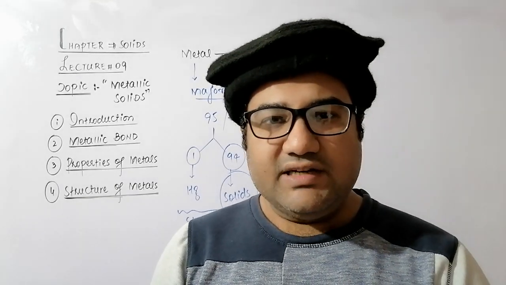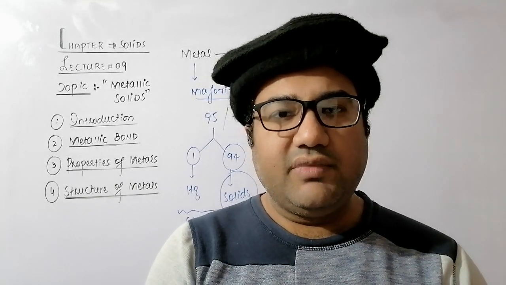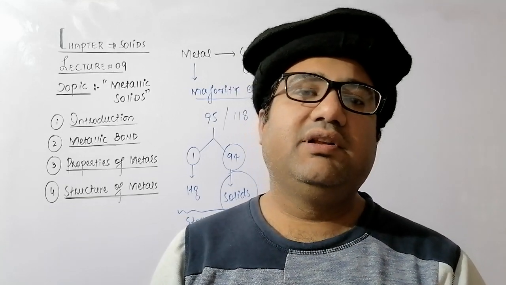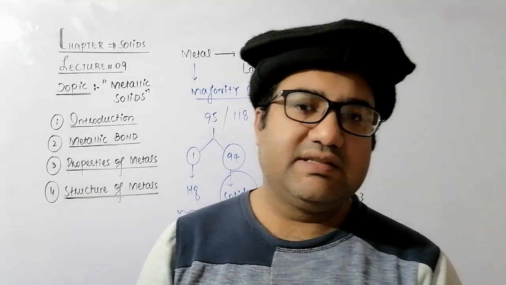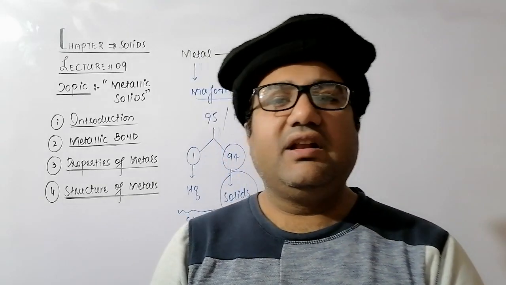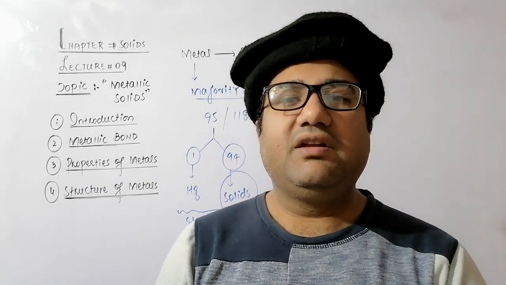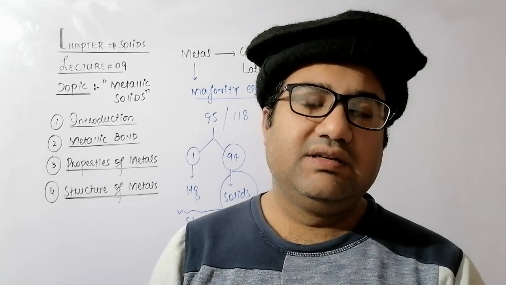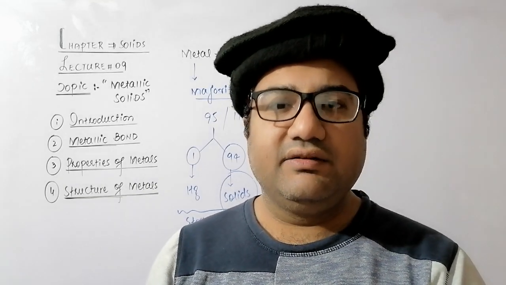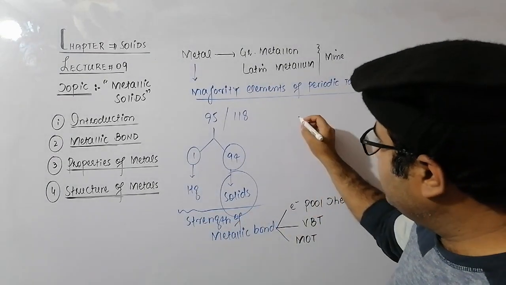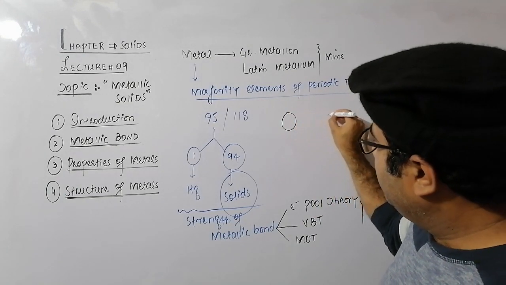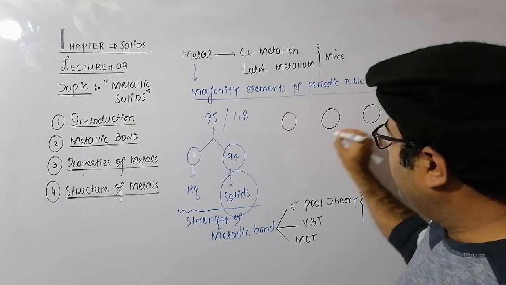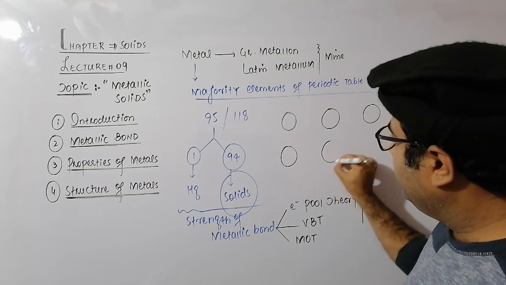All the elements that occupy the left, middle, or bottom of the periodic table have larger atomic size. Because of their larger atomic size, their valence electrons are not under the strong hold of the nucleus. So the valence electrons get free, and when the valence electrons get free, the metal atoms become cations.